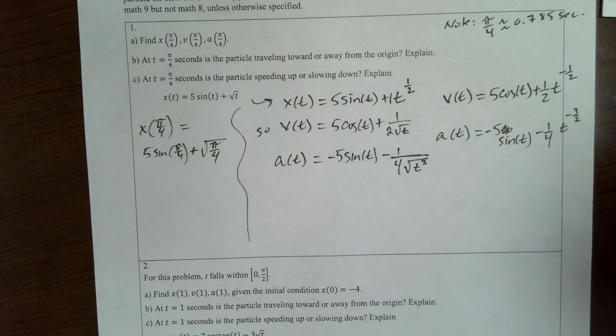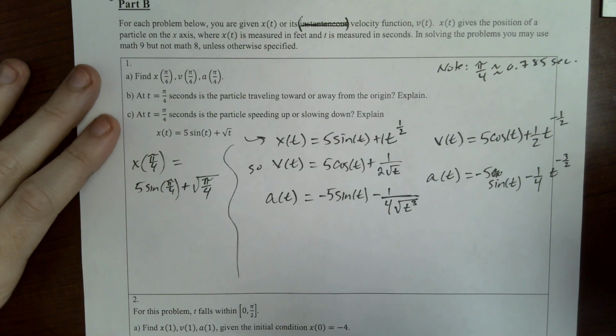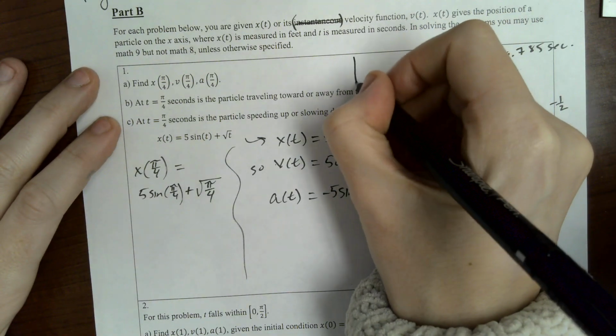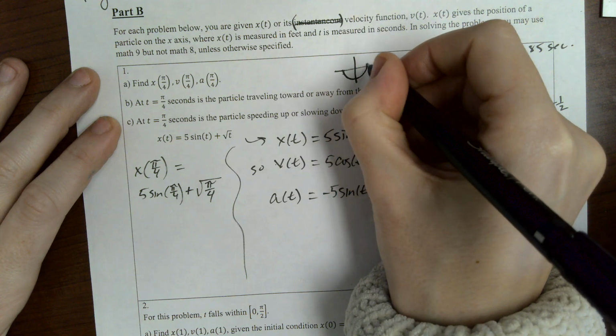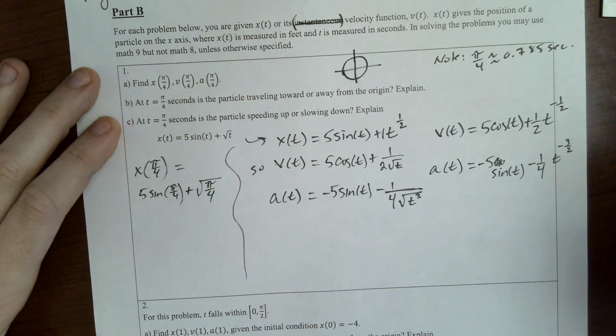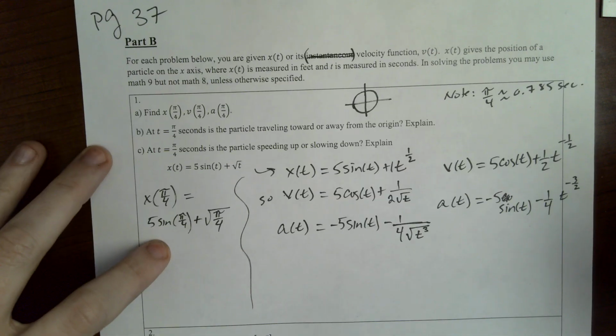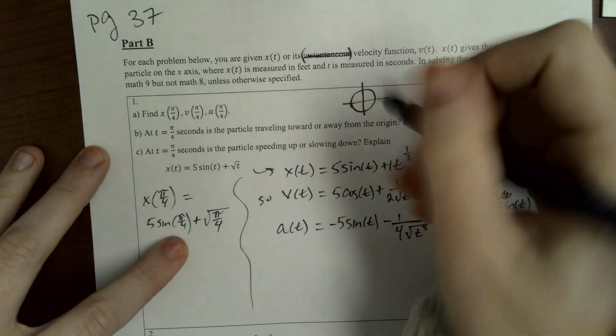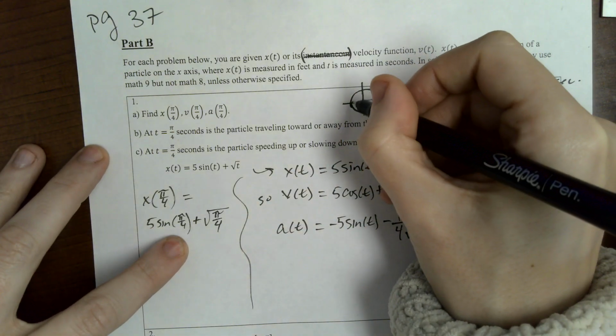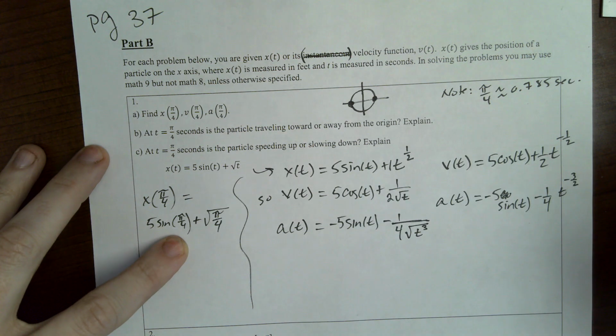Now the good thing about the AP test, guys, is that we do not need to simplify our answers. So like this would be a fine answer, I guess. No, maybe actually, I think we need to evaluate. We don't need to simplify, but we do need to evaluate functions.